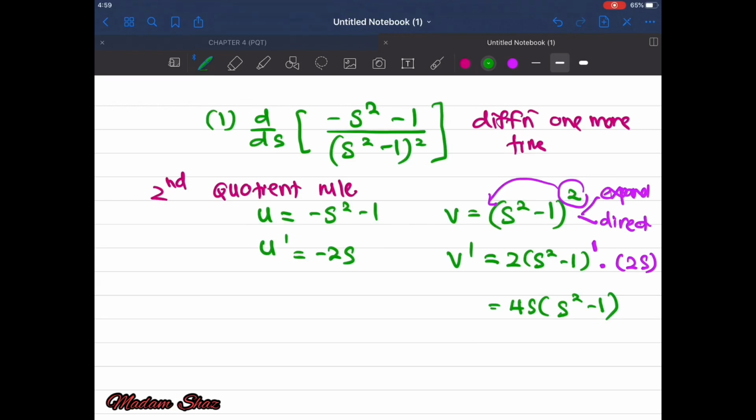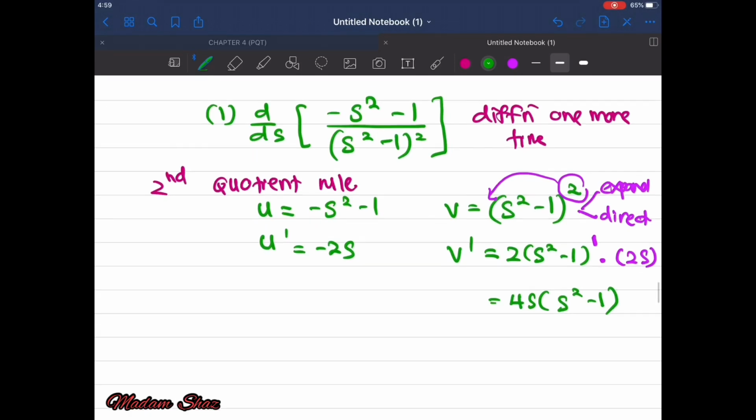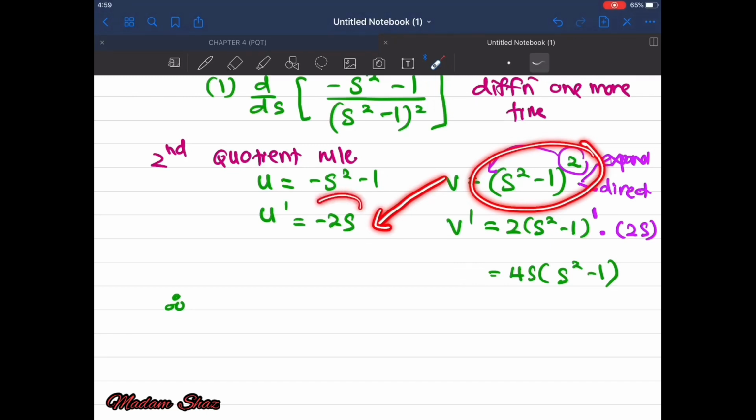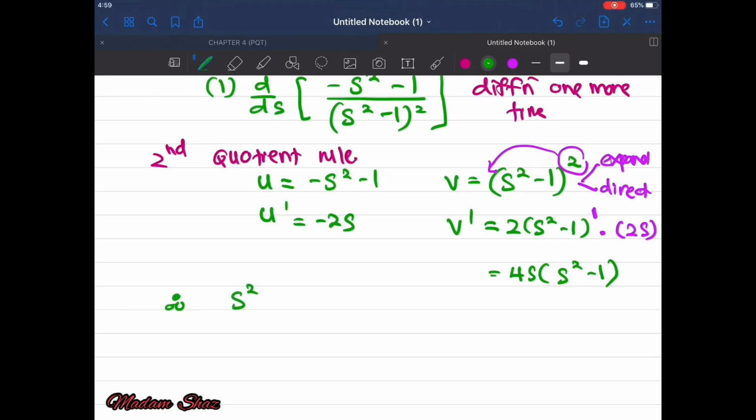So now apply the formula for the quotient rule. Therefore, vu prime, s squared minus 1 to the power of 2 multiply with negative 2s, minus uv prime.